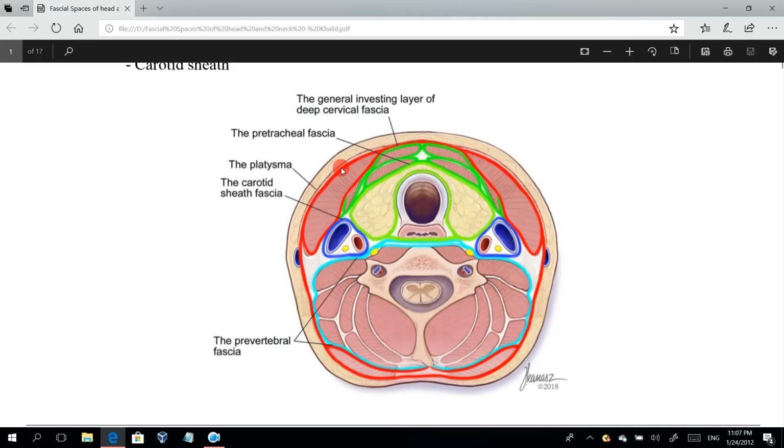The deep fascia, all these, consists of 3 or 4 parts. This red line is the investing layer, or the superficial layer of the deep cervical fascia. It continues along and around the neck, just like a collar.